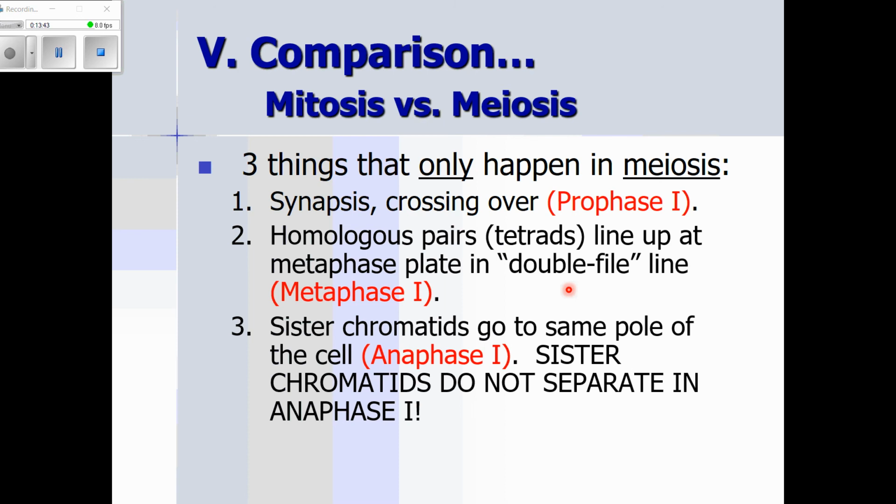They don't separate yet. They don't separate until anaphase 2. So in anaphase 1, both of the red chromatids go to one end of the cell and both of the blue chromatids go to the other end of the cell. If you just picture a single pair of chromosomes, that's what happens. Both red chromatids stay together and go to one end, and both of the blue chromatids stay together and go to the other end. So that's three things that only happen in meiosis and never ever happen in mitosis.